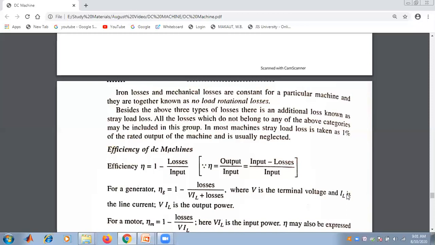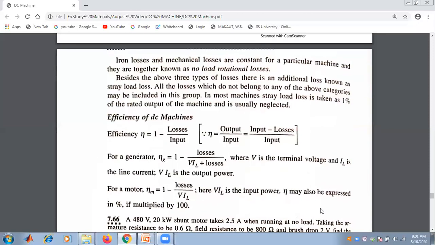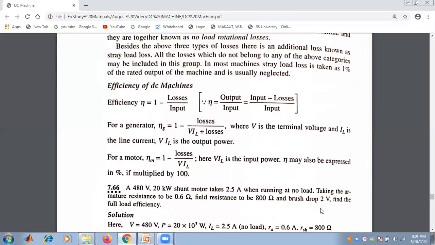So for a generator, the efficiency is 1 minus losses by VIL plus losses, where V is the terminal voltage and IL is the line current and VIL is the output power, but in case of the motor, its efficiency is 1 minus losses by VIL, where VIL is the input power. After multiplying the efficiency by 100, the efficiency can also be expressed in percentage.